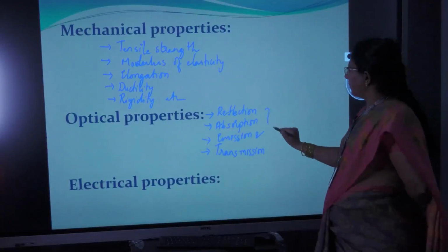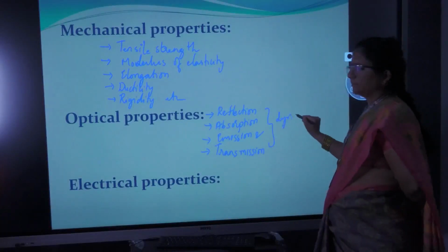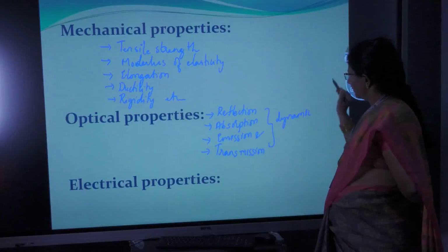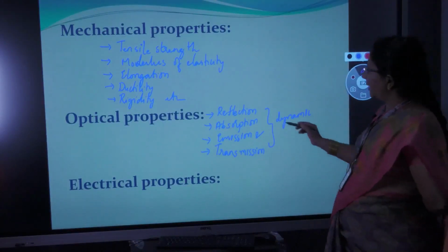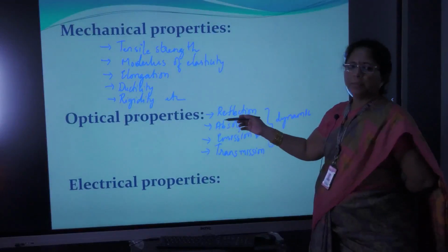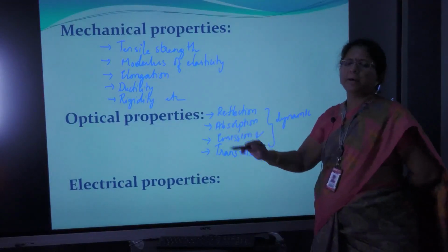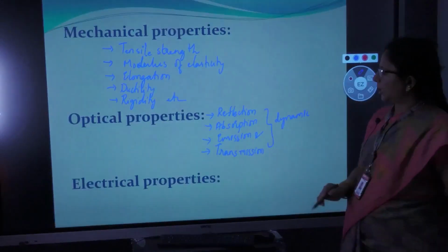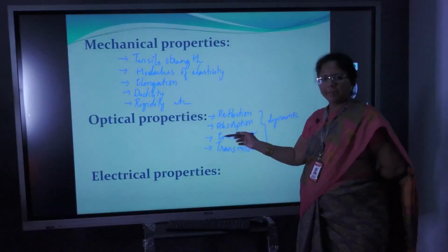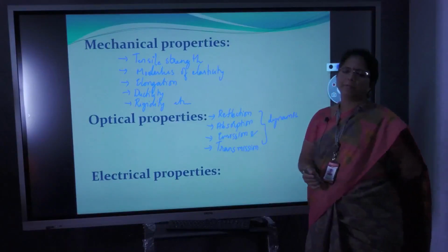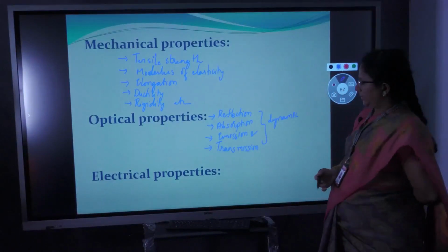These optical properties are dynamic, and they differ significantly from the properties of the same material in bulk form. So the optical properties exhibited by nanoparticles are dynamic and significantly differ from bulk materials.